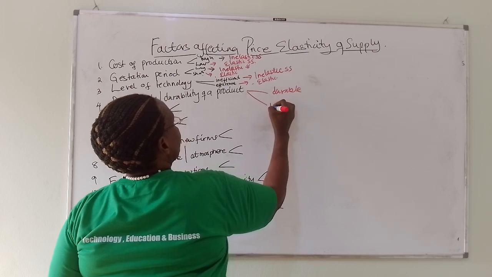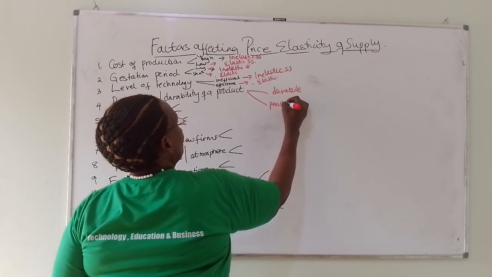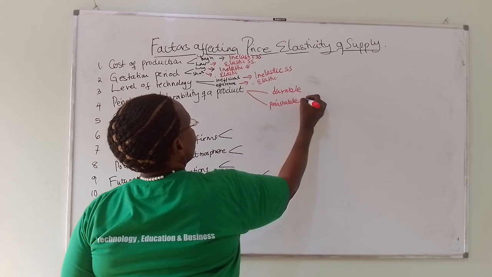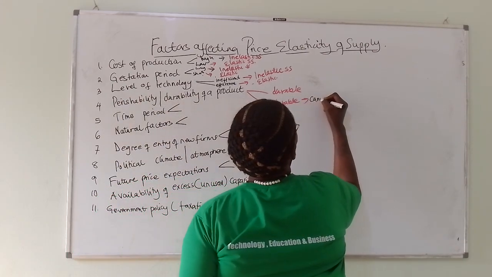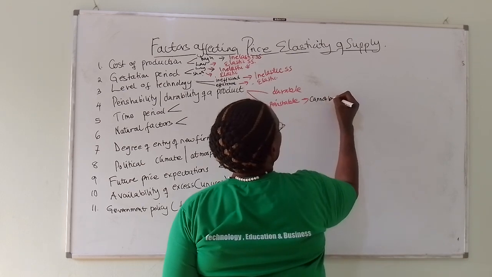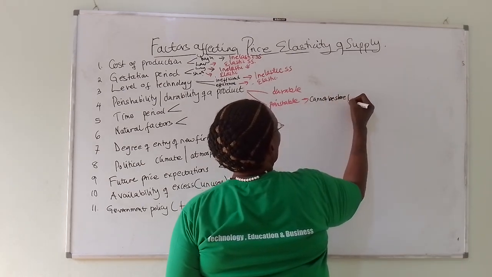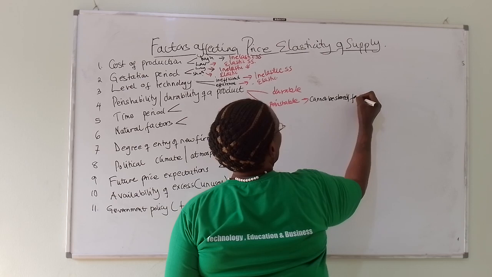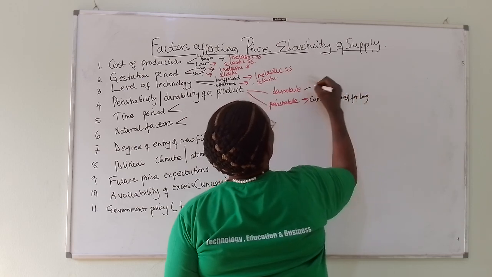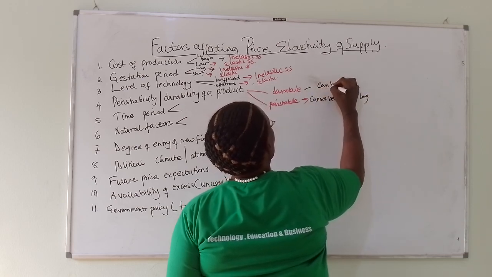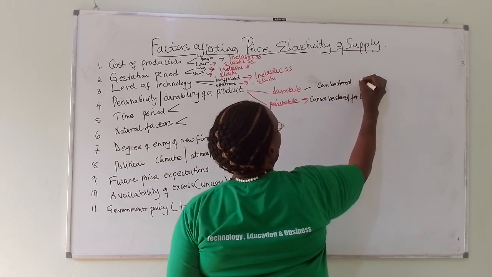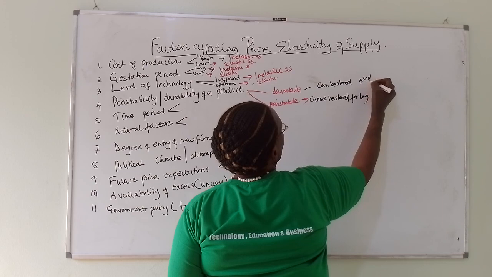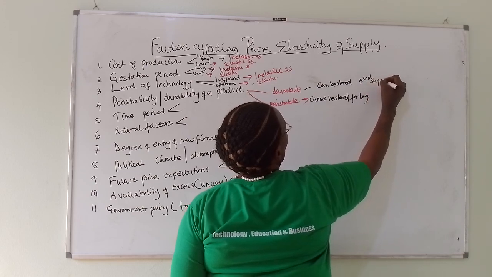Is it perishable? What of perishable commodities? These ones cannot be stored for long. Yet the durable can be stored and their supply increased on the market.